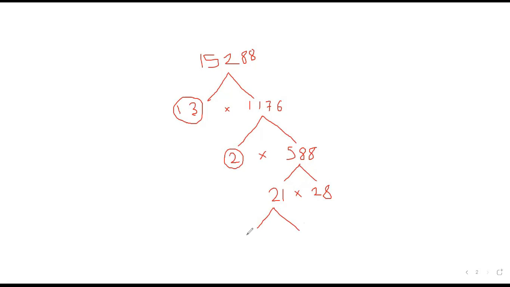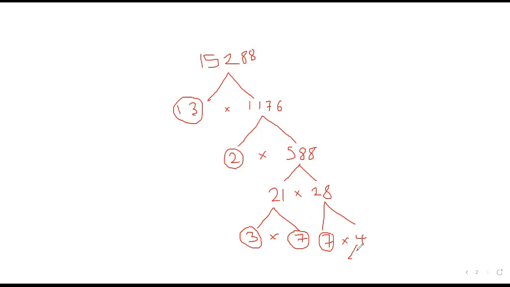So now let me say 3 times 7 gives 21. Both 3 and 7 are prime numbers. I'm going to circle them. I would find two numbers for 28. Okay, I have 7 times 4. So I have 7 as a prime number. I'm going to circle it.